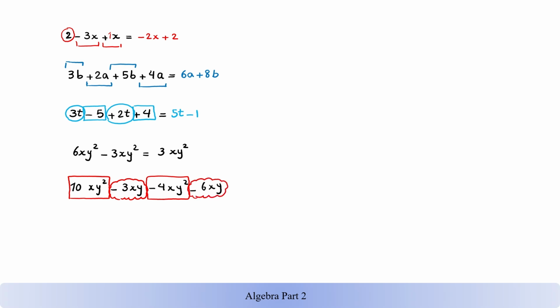The family of them is xy. Now tell me the final answer. 10xy squared minus 4xy squared is just 6xy squared. And then minus 3xy minus 6xy is just minus 9xy.